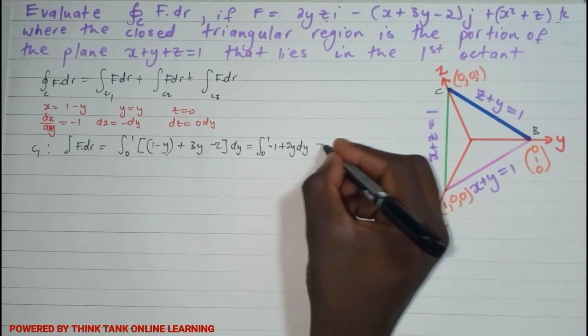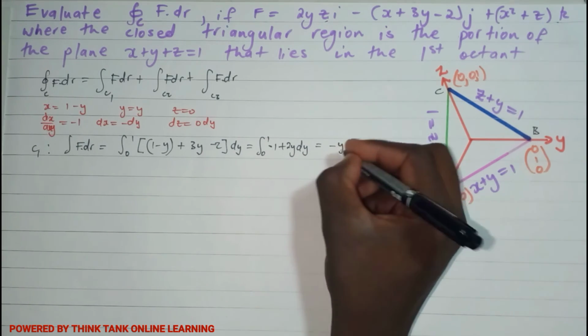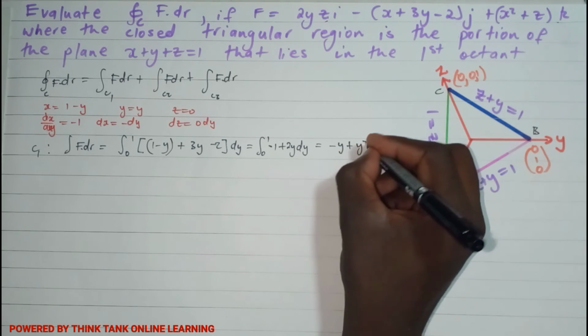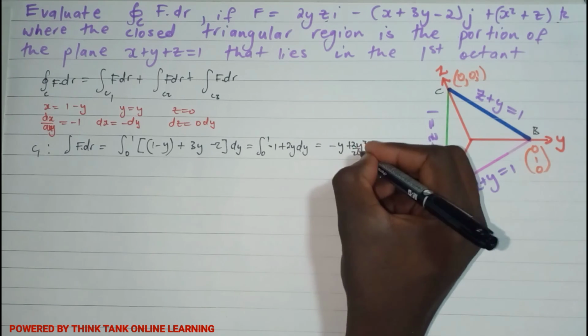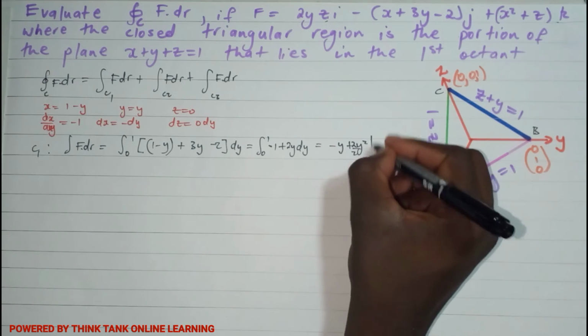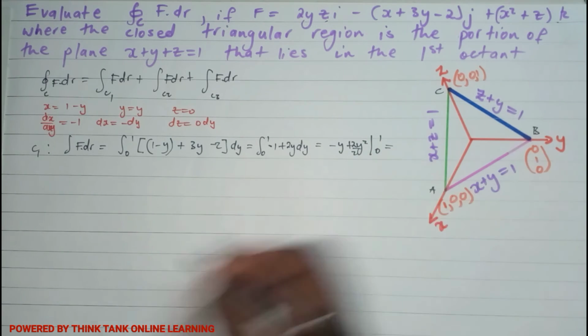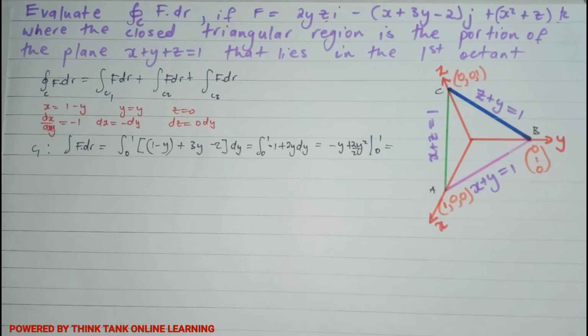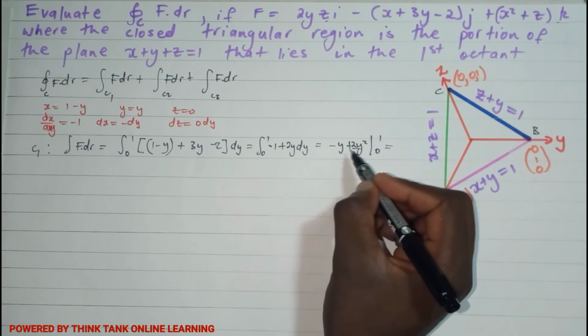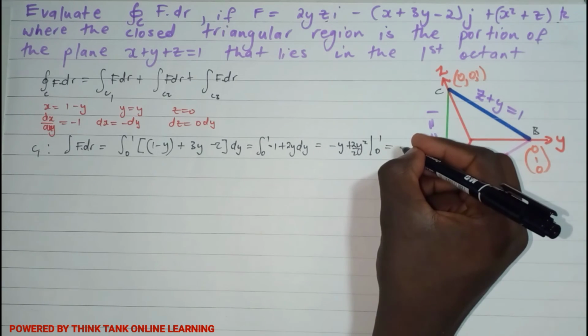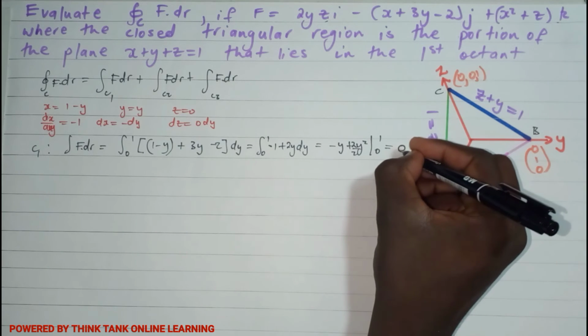If we integrate, we're going to get negative y plus y squared, 2y squared over 2, from 0 to 1. And what is going to be the answer? The answer is going to be negative 1 plus 1, and that gives us 0.